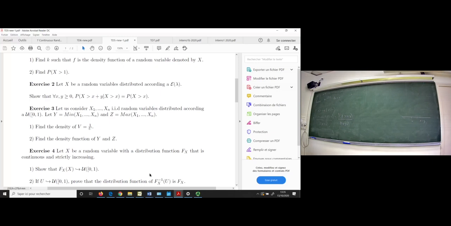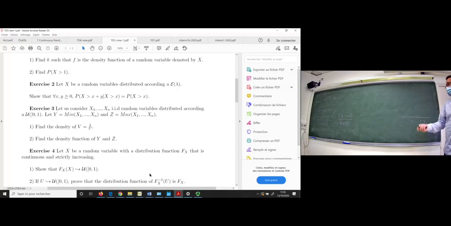Maybe, yes, there is a little misprint in the statement here. No, not plus one. I need to find y, I think, here. Be careful in exercise 2. It's y, but we are going to do the job and you are going to see what we obtain at the end.